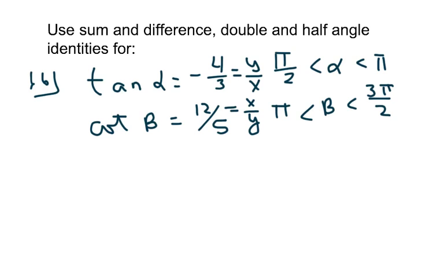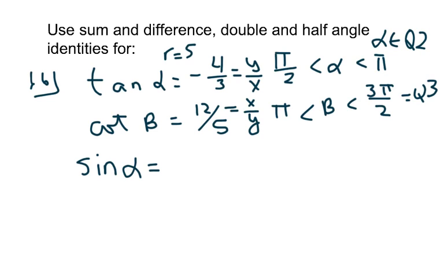Since this alpha lives in quadrant 2, and this belongs to quadrant 3, we know that in quadrant 2, my sine is positive, and sine is y over r. My r is going to be 5, because this is 3, 4, 5.